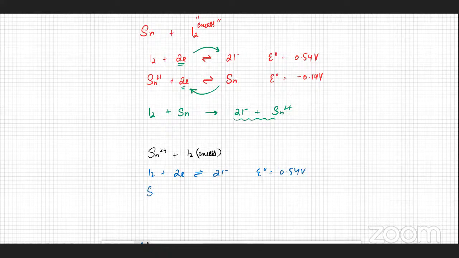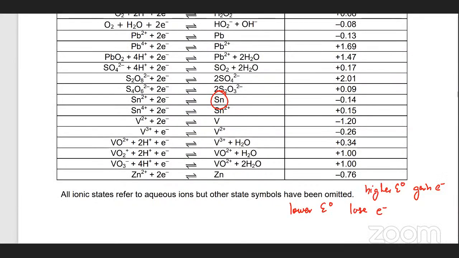और अब tin 2 plus की है. tin 2 plus की एक equation tin 4 plus के साथ है. And the E naught for that reaction is, what's the E naught? That is 0.15 volts. ये यहाँ पे. So this one is 0.15 volts.